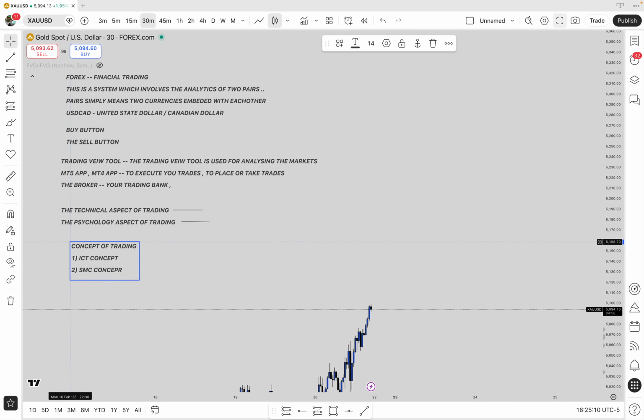We have the advanced SMC concept, and we have the price action concept. I'm going to just shed light on the price action concept.